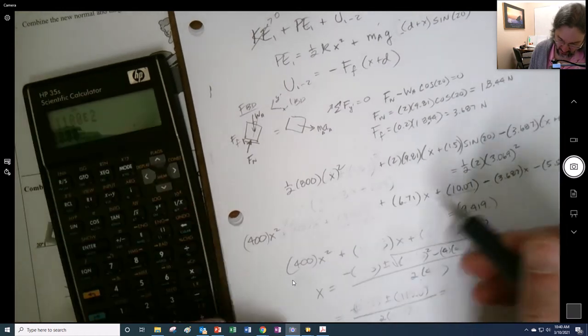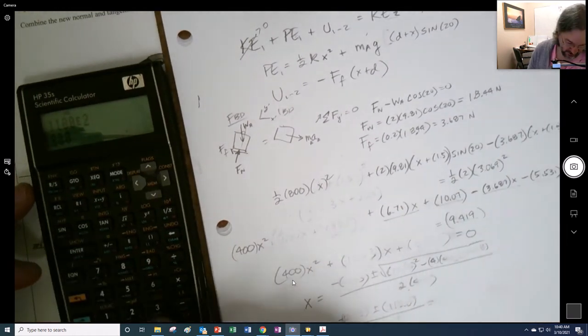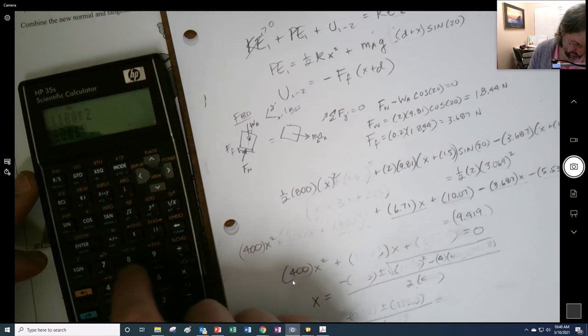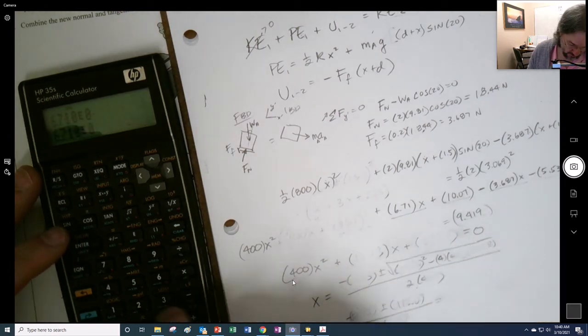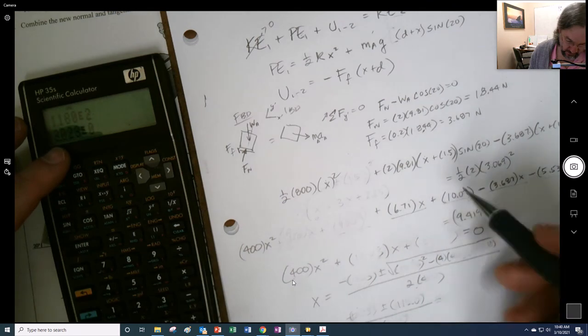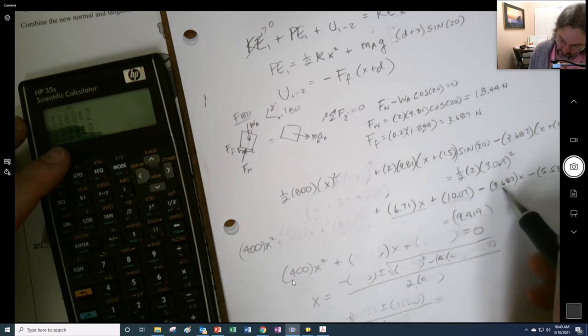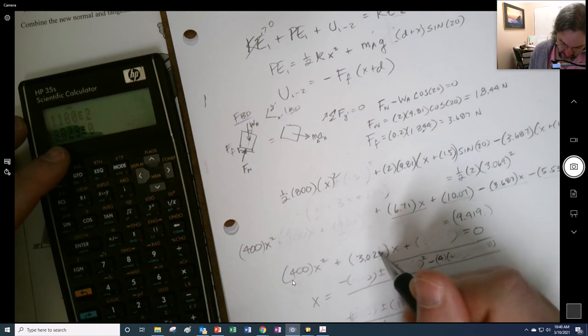So let me gather all these x's, this x and that x. So that should be just 6.71 minus 3.687. Boom. Right in there, and no other x. So that's 3.023.